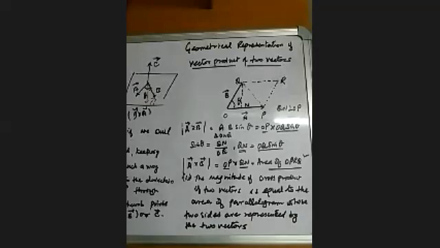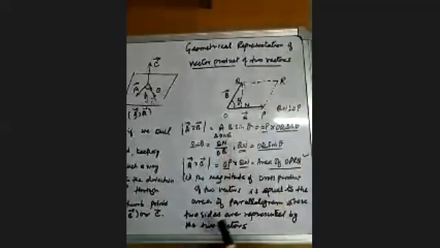So the magnitude of cross product of two vectors is equal to the area of the parallelogram whose two sides are represented by the two given vectors.